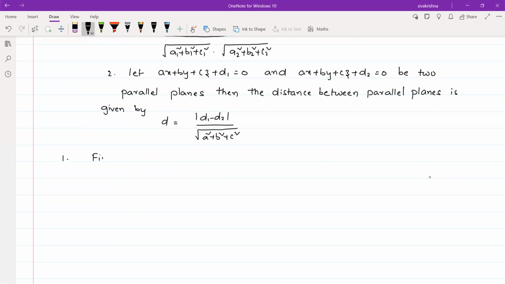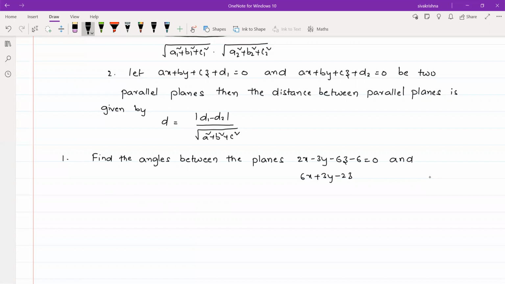Find the angles between the planes 2x minus 3y minus 6z minus 6 is equal to 0 and 6x plus 3y minus 2z minus 18 is equal to 0.